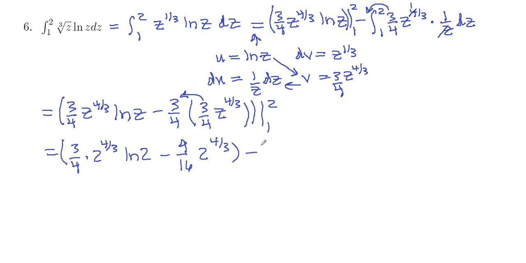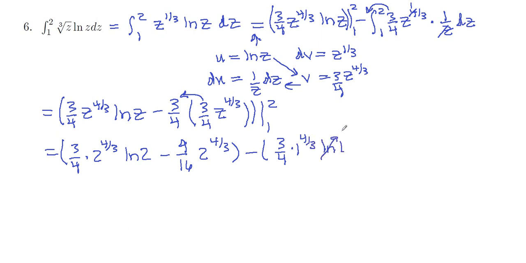And then minus, same thing, plugging in a 1. So if we plug in a 1 here, 1 to the 4/3 is 1. Log of 1 is 0. So that part's going to drop out. So 3/4 times 1 to the 4/3, natural log of 1.